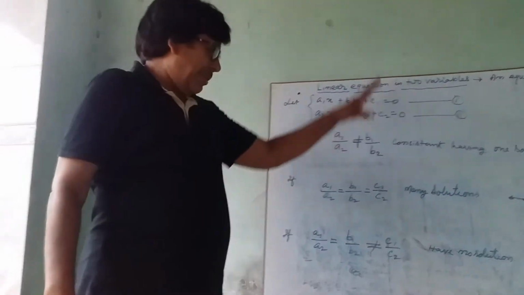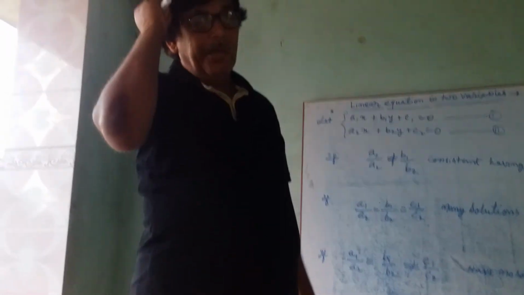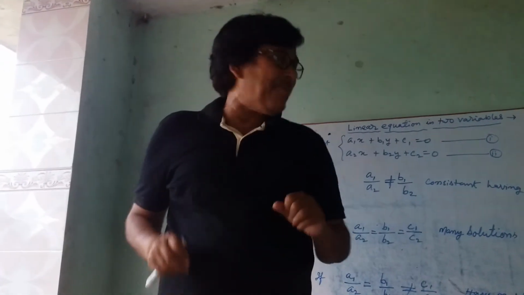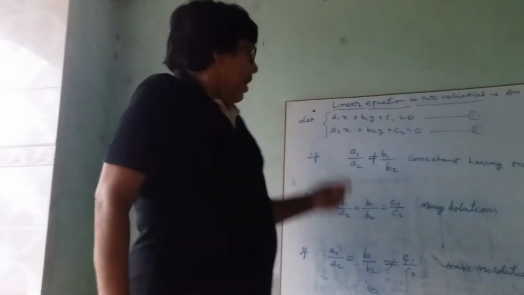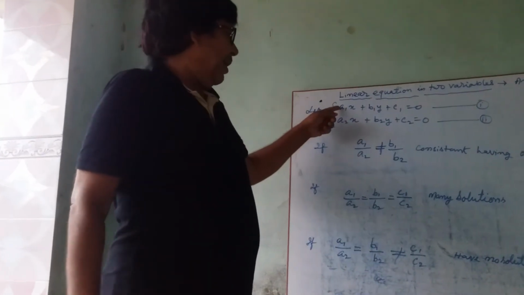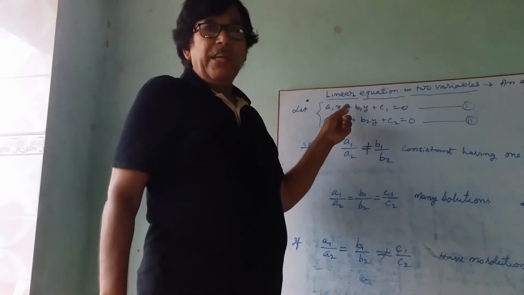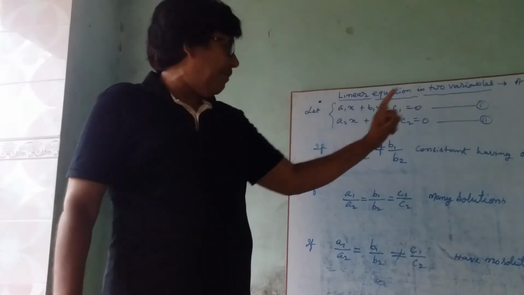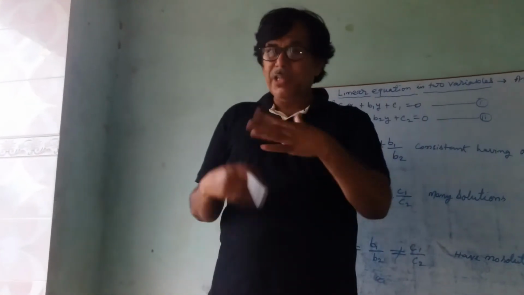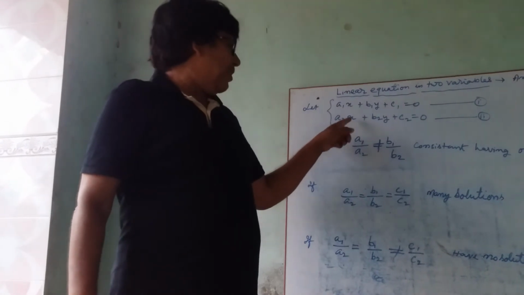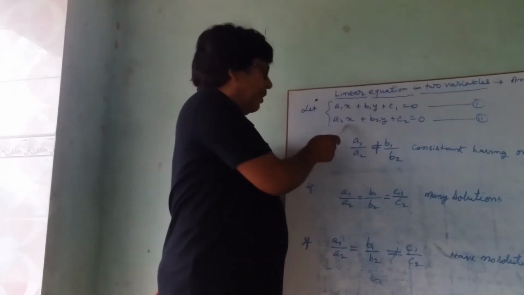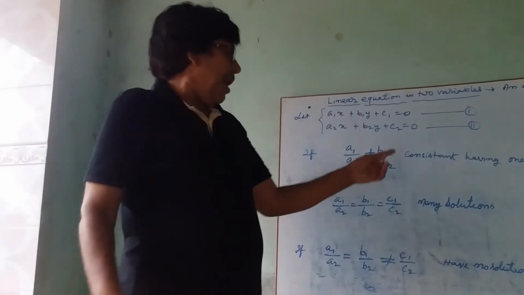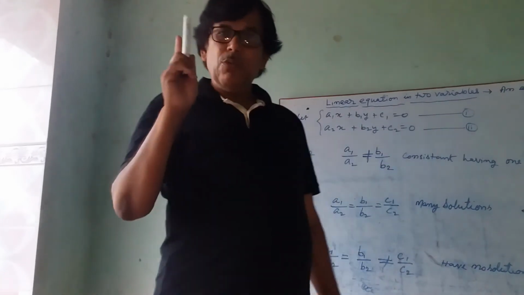Hence, these three conditions you must memorize and keep in memory in order to solve many problems based on these three. One thing to keep in mind: a1 is the coefficient of x in equation 1, b1 the coefficient of y in equation 1, c1 the constant term, a2 the coefficient of x in the second equation, b2 the coefficient of y in the second equation, and c2 is the constant term.